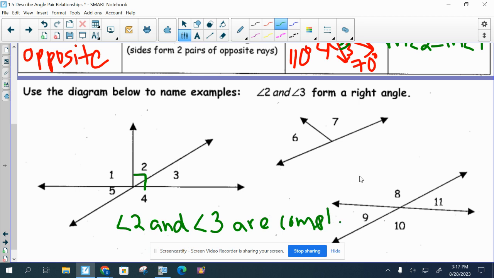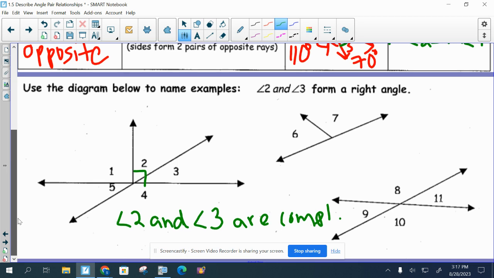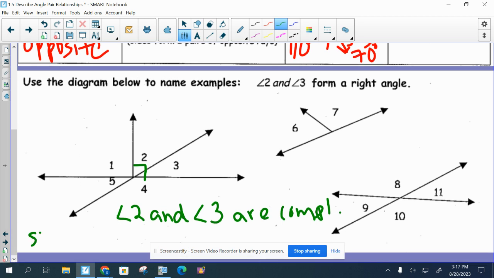Okay, how about the supplementary angles? We'll just make a list. Supplementary: 4 and 5 would be supplementary. Then 1, 2, and 3, if you add all those up, they form 180 degrees.